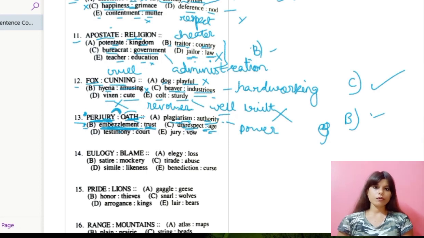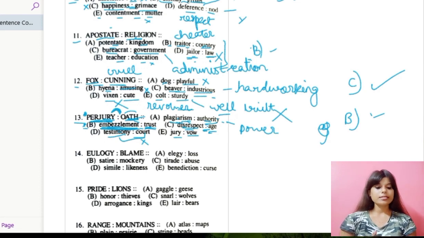Let us move over to number D, that is testimony and court. Now testimony means evidence, okay, and court, you all know, it's the place where judgment takes place. So testimony, evidence and court, it's not going. Let us move over to number E, jury and vow. Now, jury means a body of people sworn to give a verdict in a legal case on the basis of evidence which is submitted to them in the court.